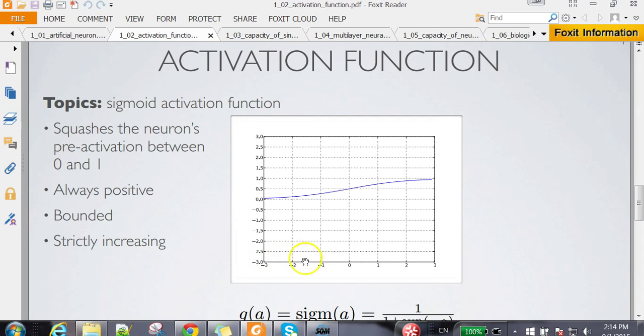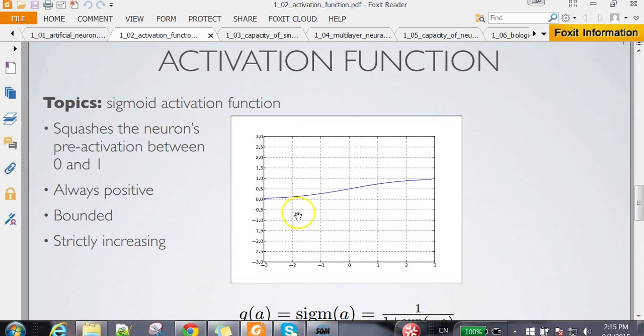The pre-activation can be any number like -3 up to +3 or any other number. It can be anything, but even if this was way down here at -100 or way up here at +100, the output will always be between 0 and 1. It also is always positive since it's between 0 and 1.